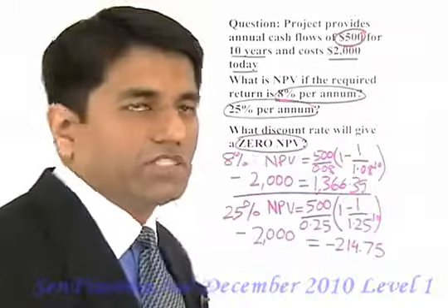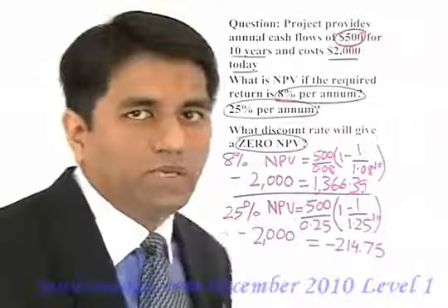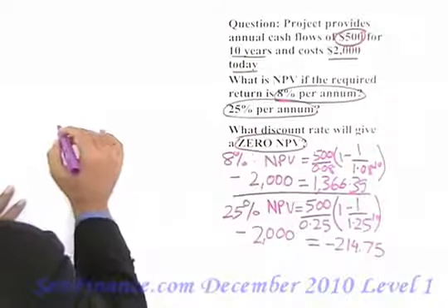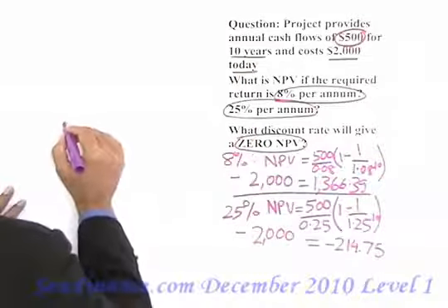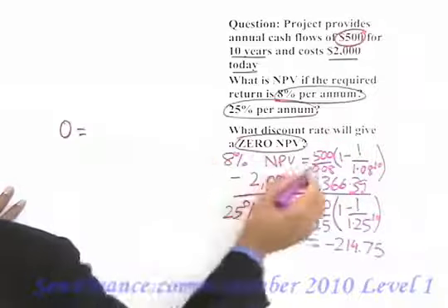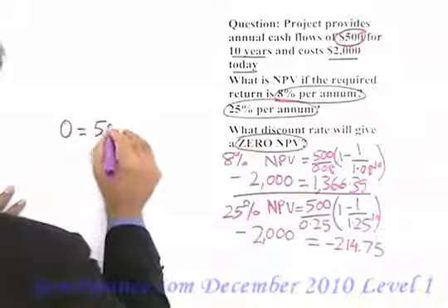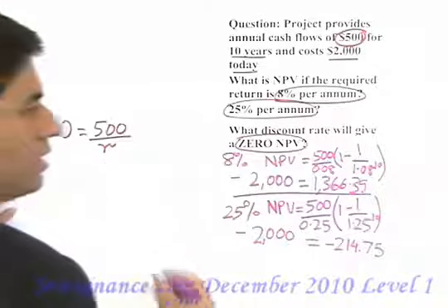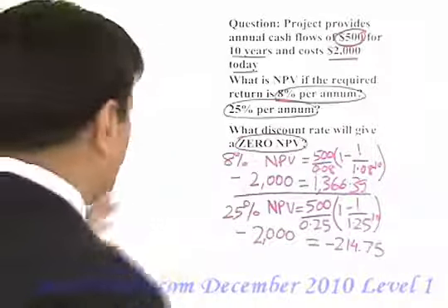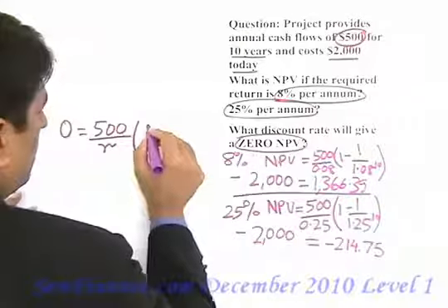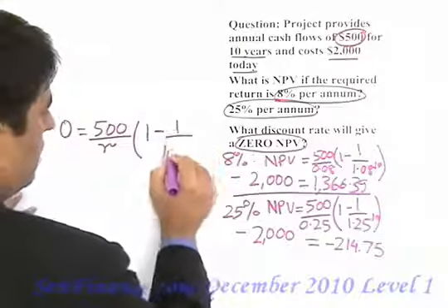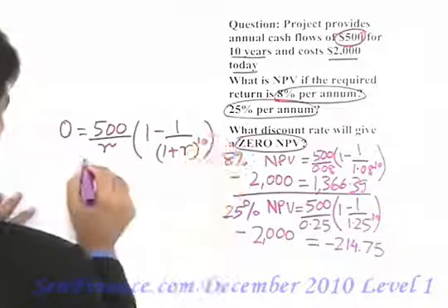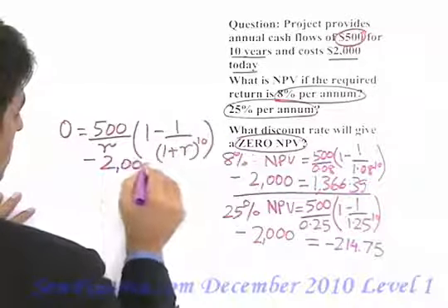What rate would this project produce 0 NPV? Now you solve by setting the NPV to be 0, which would equal the discounted value of the cash flows, 500 by R, where R is the rate of discount to produce a 0 NPV, times 1 minus 1 plus R to the power 10, minus 2,000.